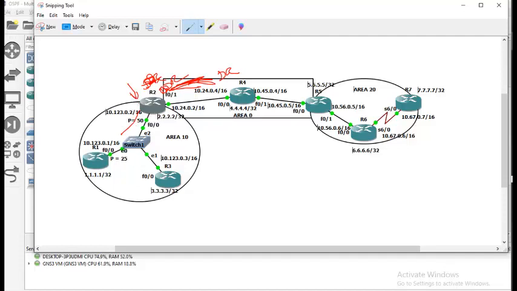And now, when I disturbed R2, this was a BDR and this was DR other. Now this says, okay, because R2 is dead, the DR is dead. It was DR before.